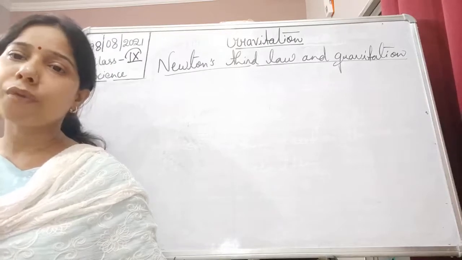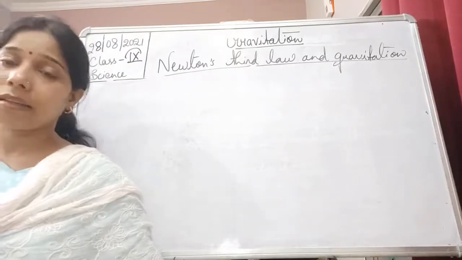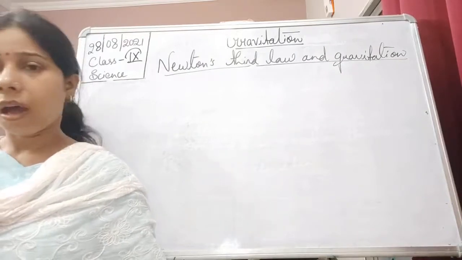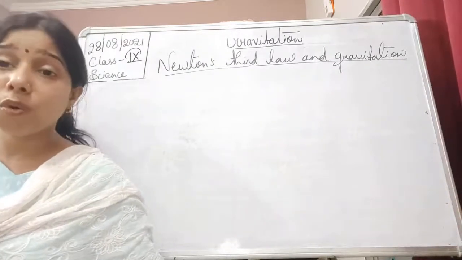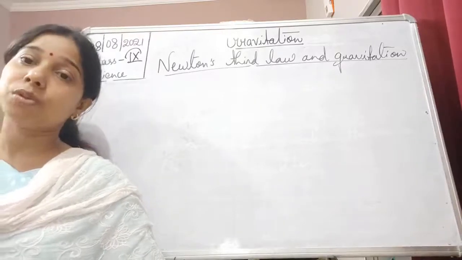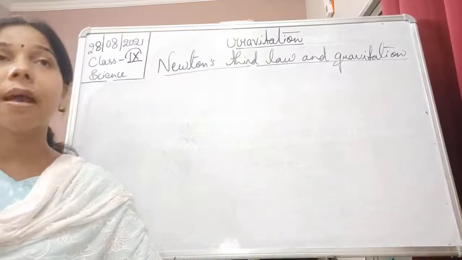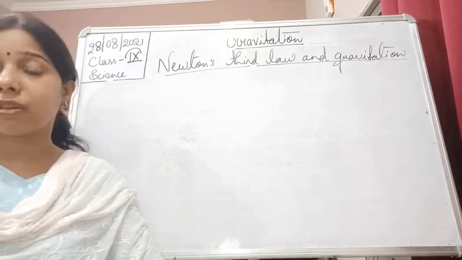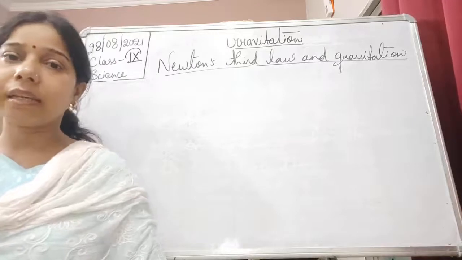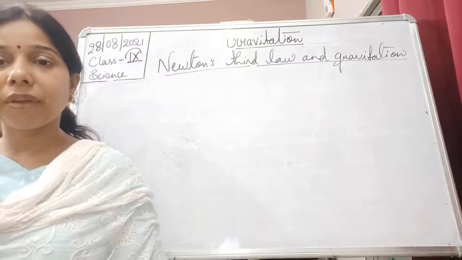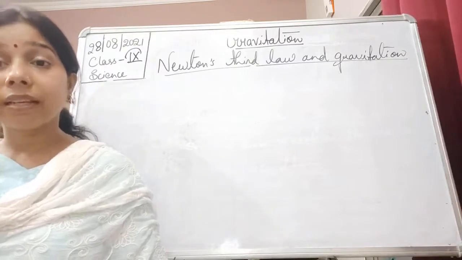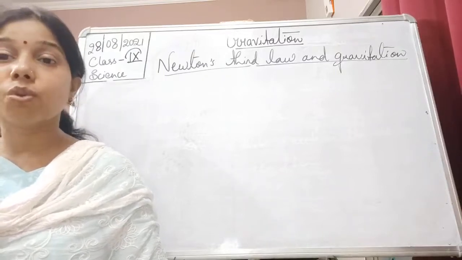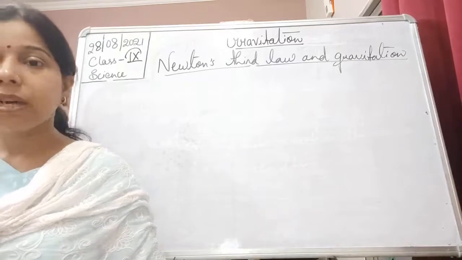Since the mass of the earth is very large, the acceleration is almost negligible, and there is no movement at all. Even though the stone is applying a lot of force, since the mass is really large, the acceleration will be less. In the opposite case, the stone has very little mass, so the acceleration produced is very high, and ultimately we can see the stone moving in the downward direction.